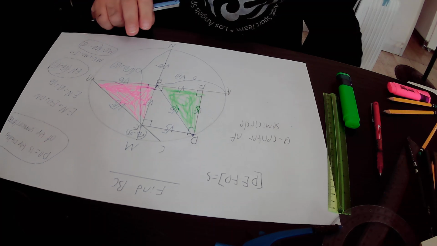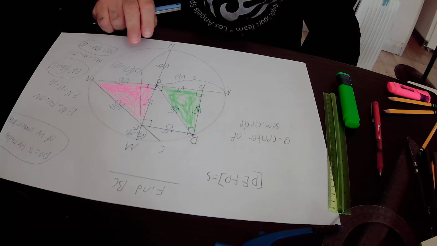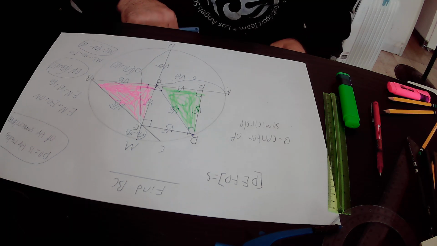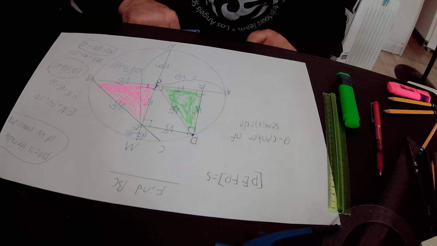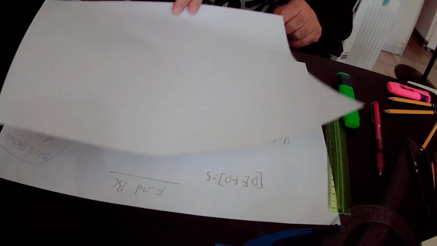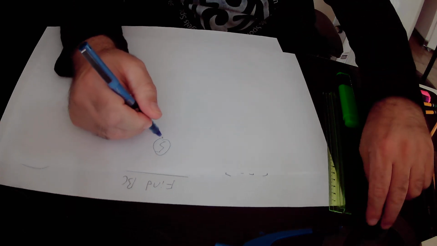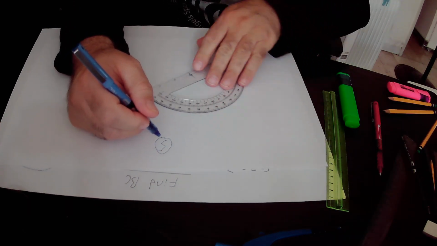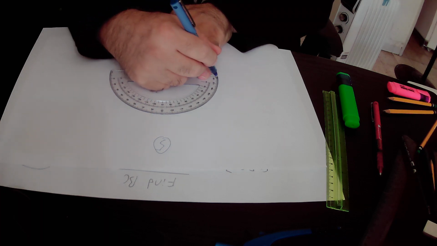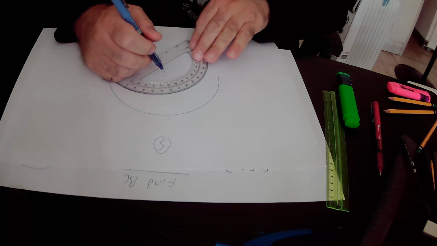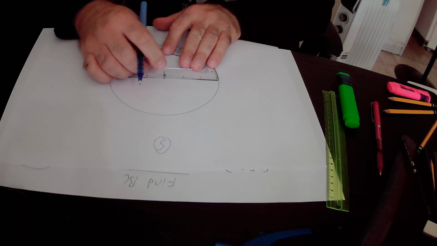So I'll copy the two chords that intersect with each other in a new page, and we'll implement rule number 2 on those two chords. So we actually have two chords that intersect with each other. For that reason, we can implement here rule number 2.